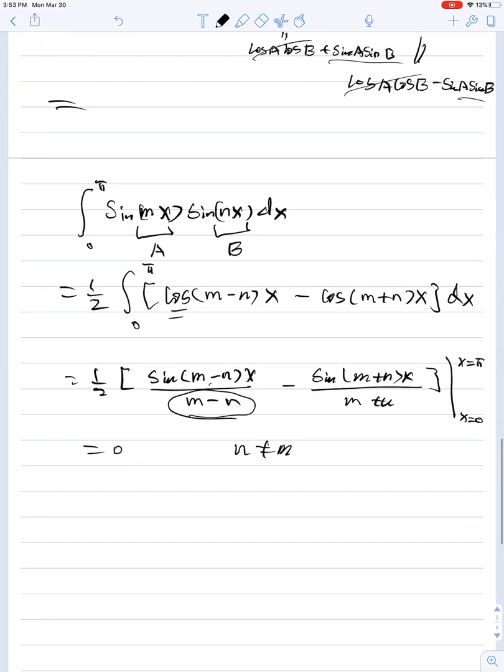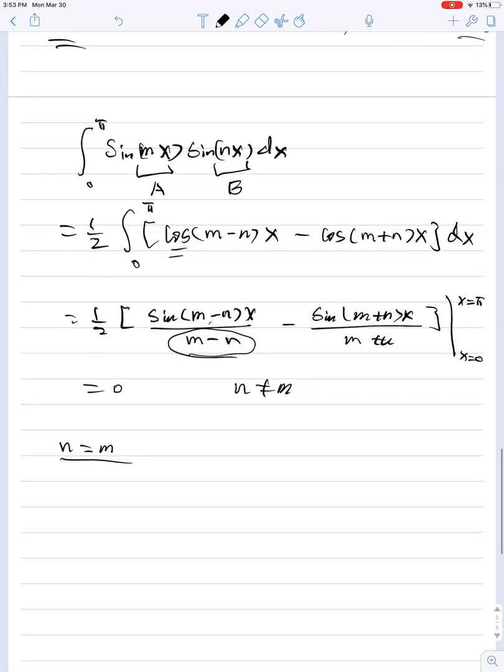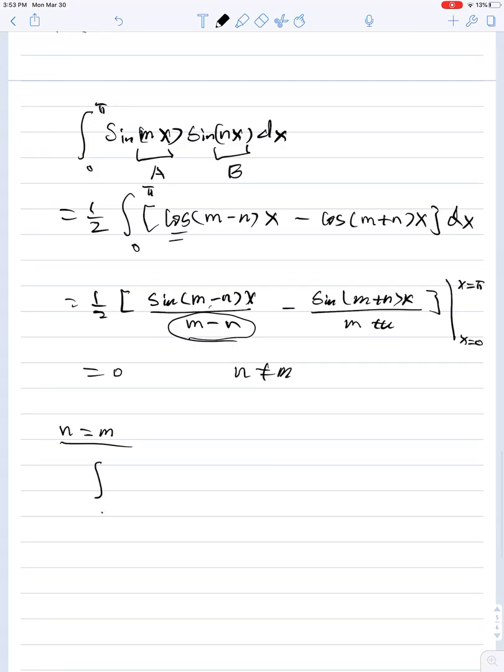Now what happens when n equals m? When n equals m, then this integral becomes the integral of sine squared of nx, because these two terms are now the same. And then how to evaluate this? You use the fact that sine squared of nx equals 1 minus cosine 2nx over 2.